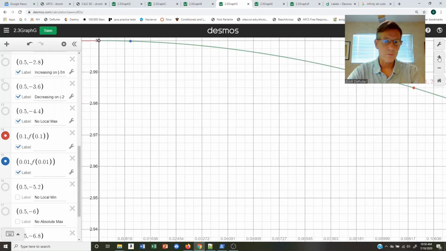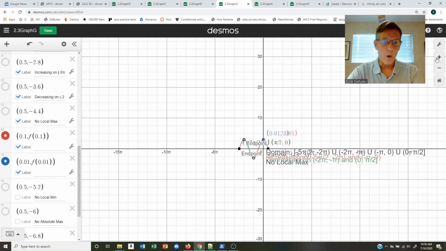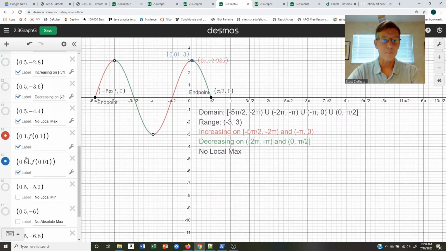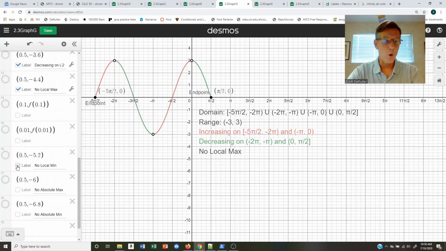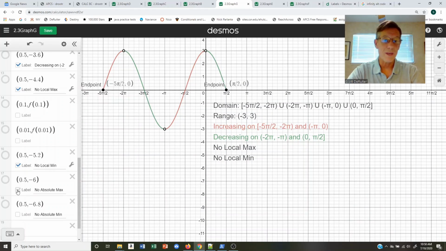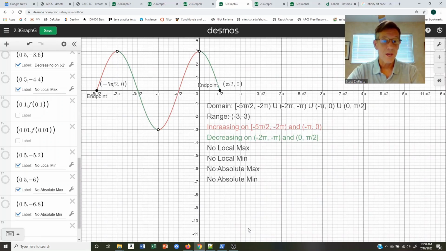And so if we try 0.01 or 0.001 or 0.0001, there's always something that's bigger. So there's no local max there. And similarly, there's no local minimum. And the endpoints don't give us an extreme value. There's no absolute max, and there's no absolute min.